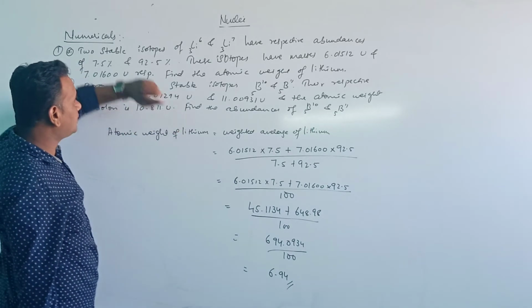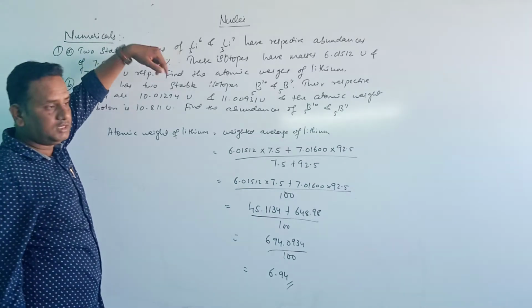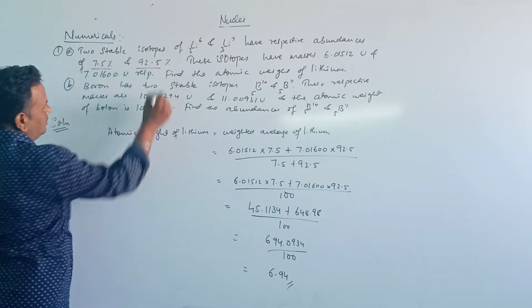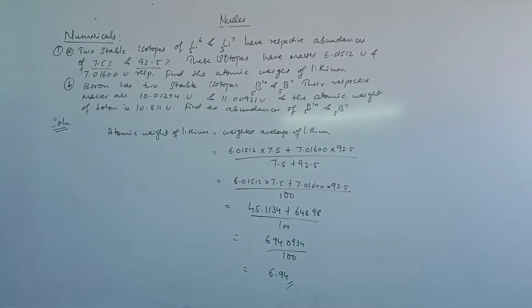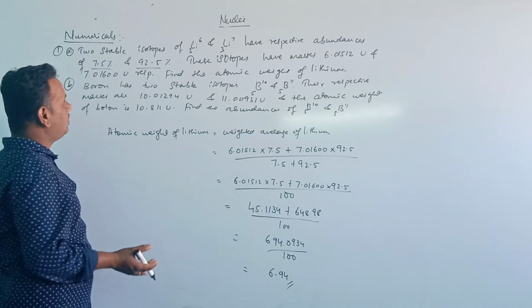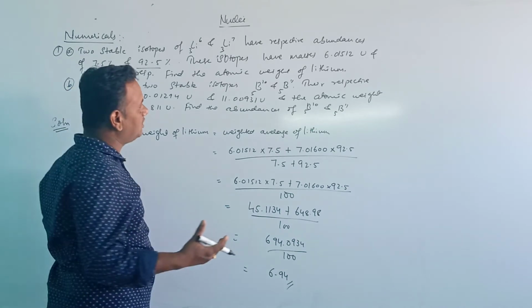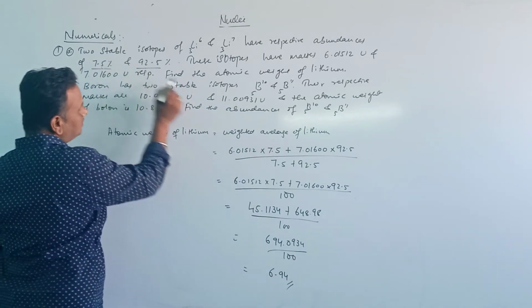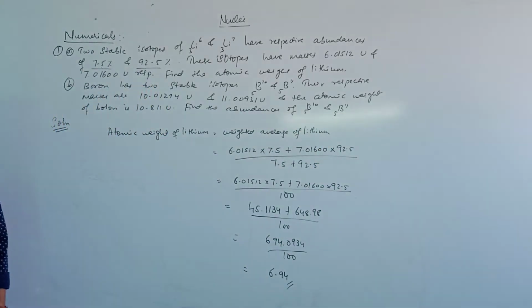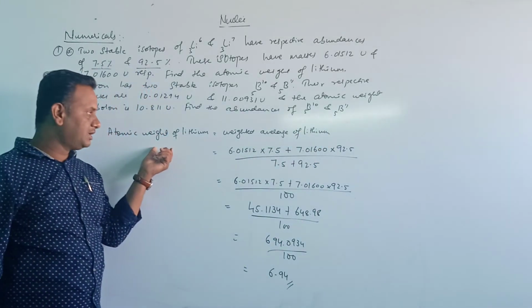This is just the reverse of the first question. In the first question, he has given the abundances of both the isotopes. In the second question, he is telling us to find the abundances of the two isotopes. So we use the same formula here.